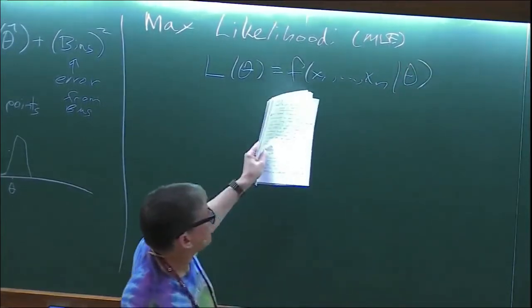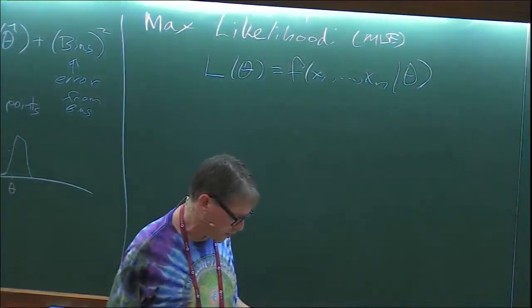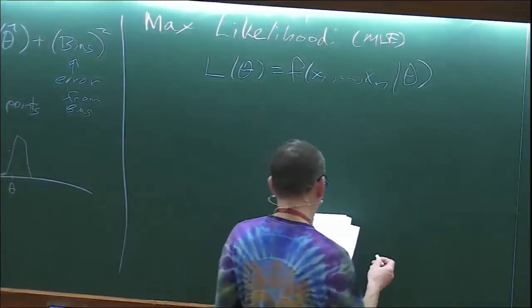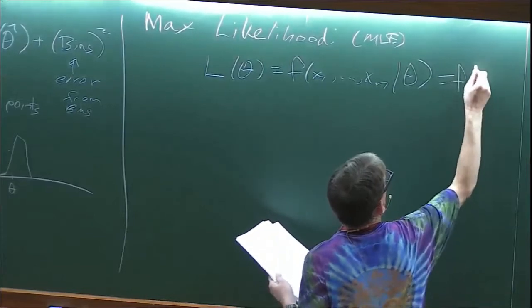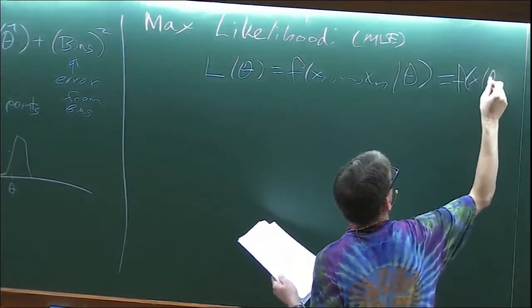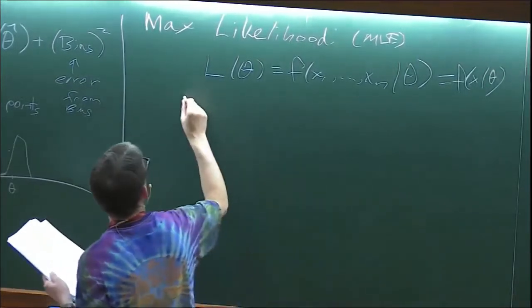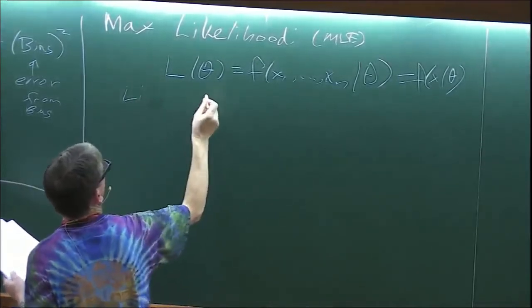These are lowercase x's. They are the realization of the n random variables of the data. So this is our f of x given theta. This is the likelihood function.